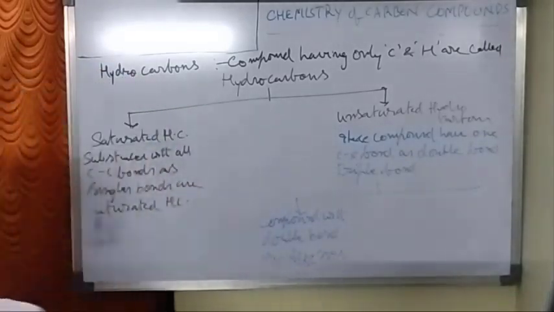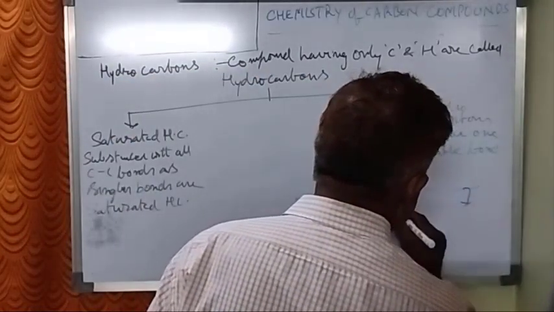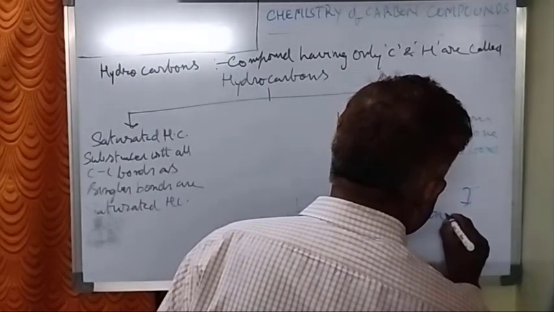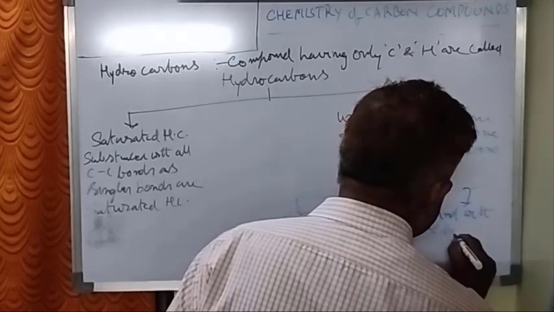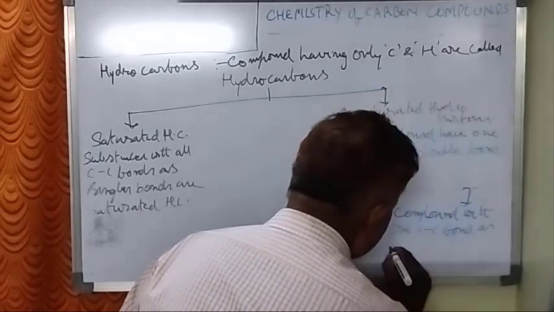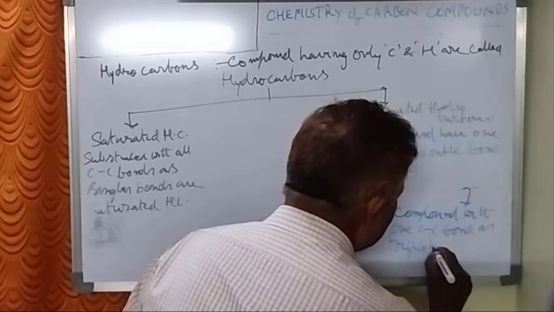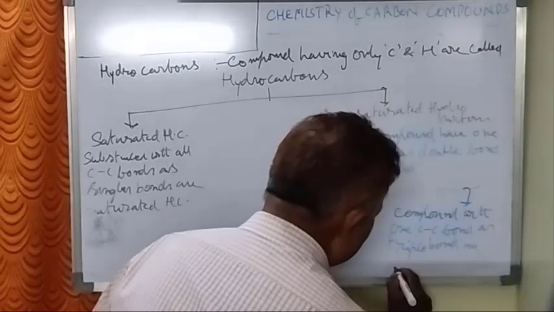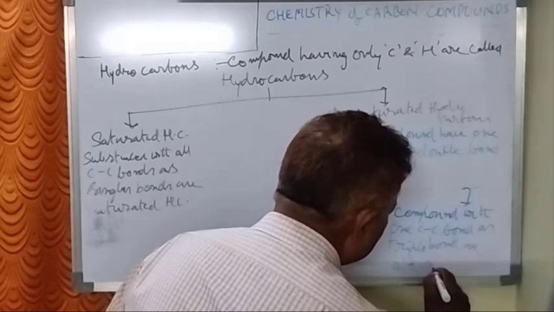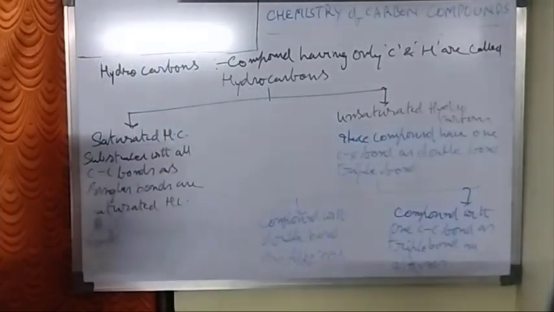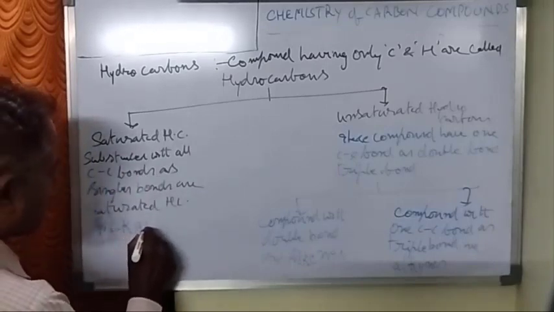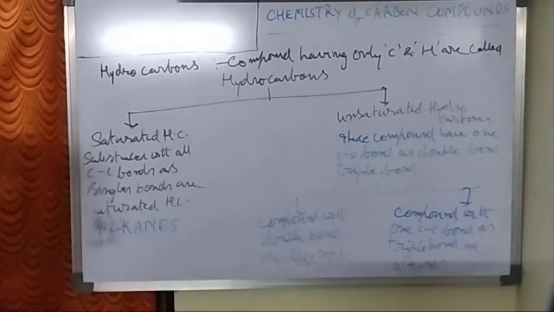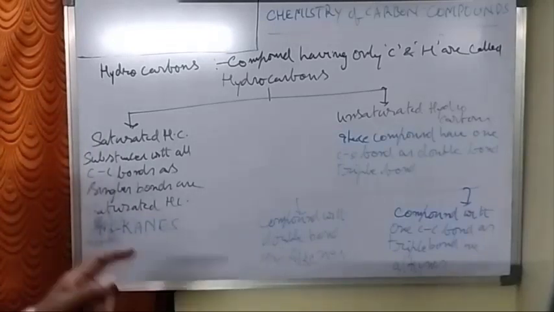Compounds with one C-C bond as triple bond are called alkynes. So alkenes and alkynes are unsaturated hydrocarbons, whereas saturated hydrocarbons are alkanes. So this is the classification of hydrocarbons.